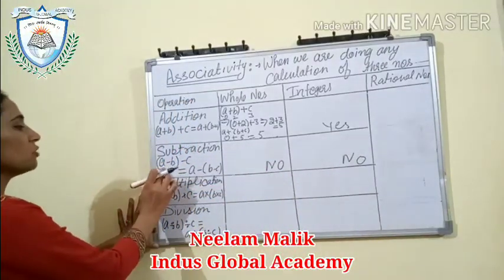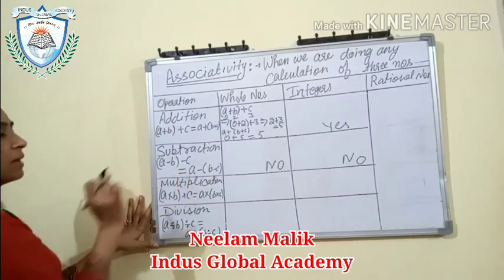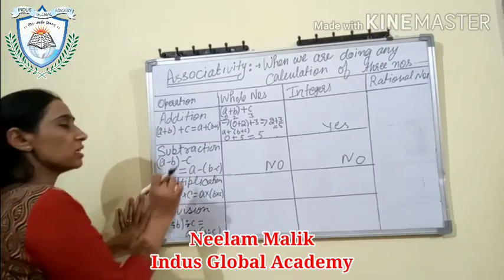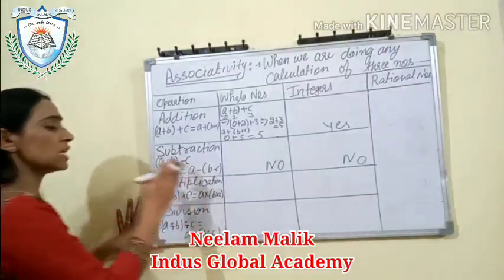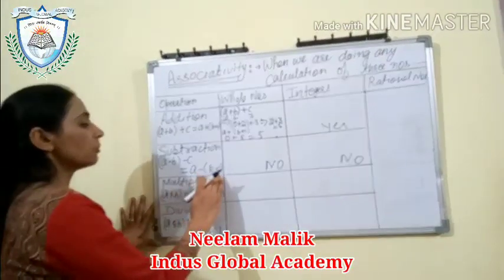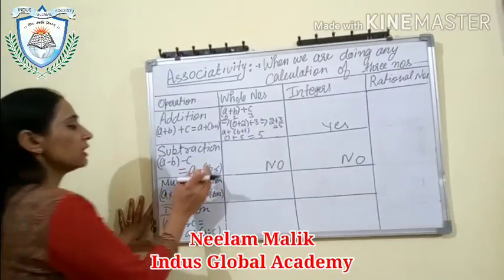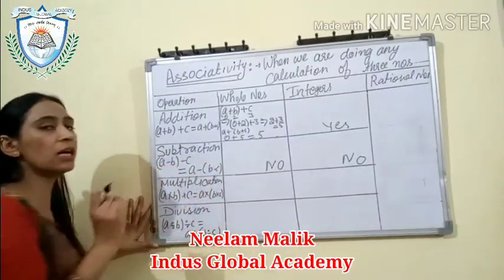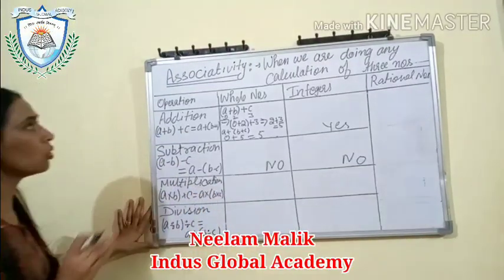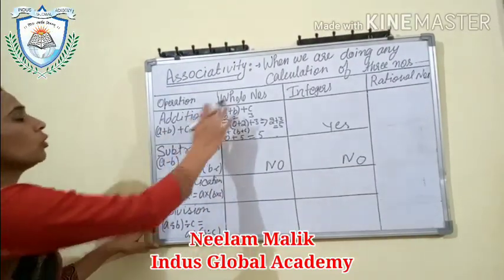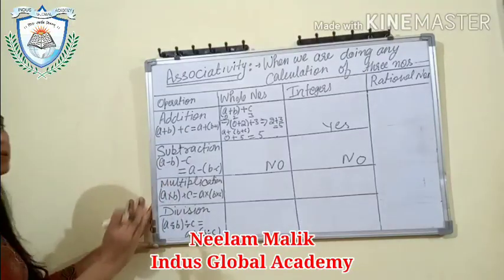The formula will be this: first you will subtract a minus b, and from the resultant you will subtract c. On the right hand side, first you will take a as it is and do the subtraction b minus c, and then subtract the resultant from a. You will get a different answer. So whole numbers are not associative under subtraction.